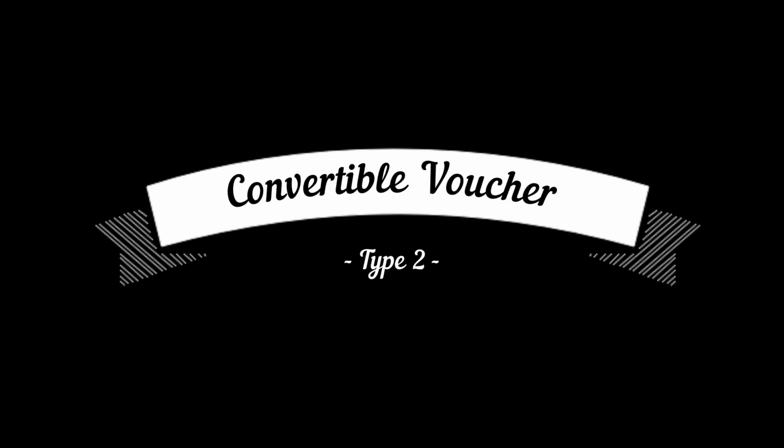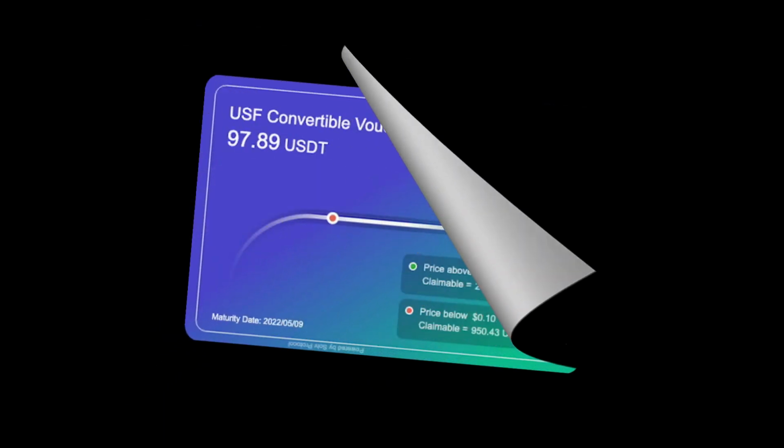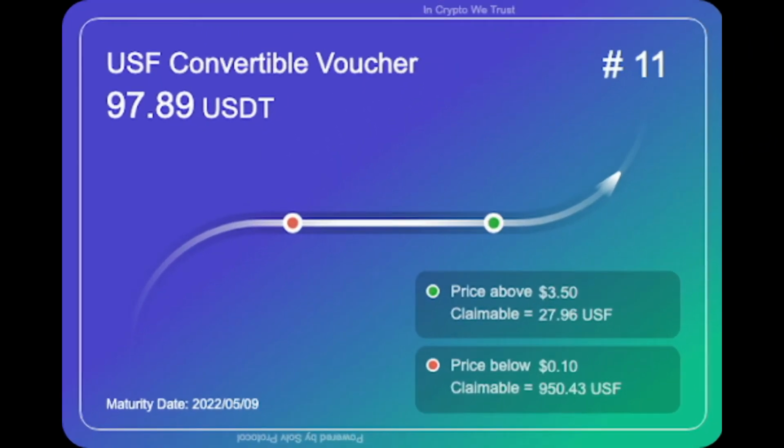So if the price is higher than the upper limit of this range, let's say this is a USF convertible voucher, and the USF token goes higher than $3.5, then you can earn much more than the interest. But on the other side, if the price is lower than 0.1, you have to bear some loss. So that's the convertible voucher, but it's quite complicated.